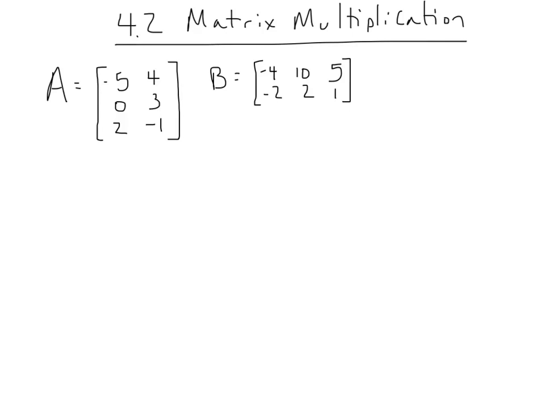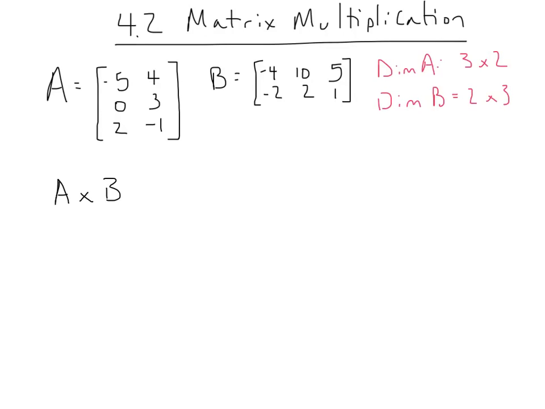And when we consider multiplying matrices, the dimensions of the matrices that we try to multiply end up being very important. So here we have that the dimension of matrix A is 3 by 2, and the dimension of matrix B is 2 by 3. So we are able to do the matrix multiplication A times B and get a matrix product.